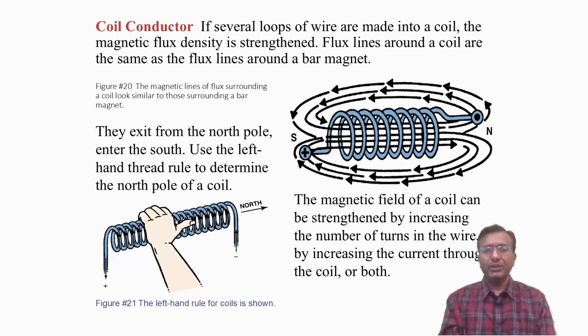In the figure, you can see the magnetic lines of flux surrounding a coil, which looks similar to those surrounding a bar magnet. An iron core inside a coil conductor concentrates the flux lines, greatly increasing the magnetic field strength. Coils with an iron core are known as electromagnets.